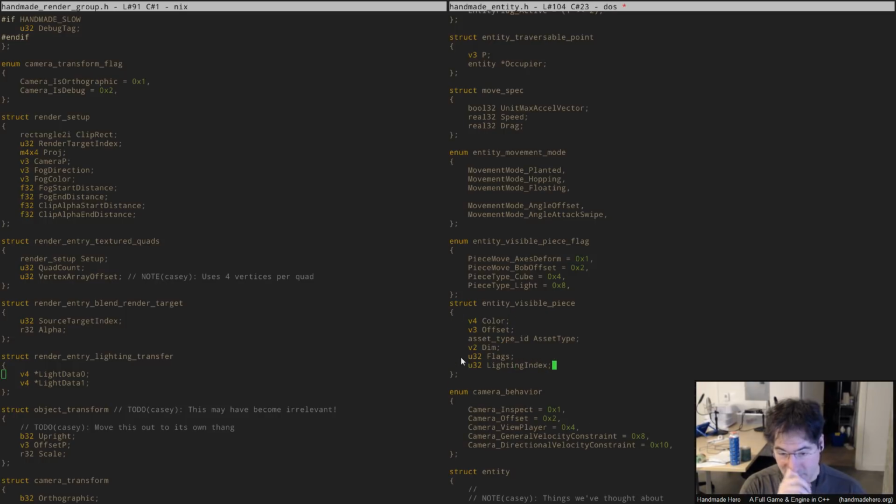That lighting index is something that the visible piece will track and report back, frame to frame, if it knows it.